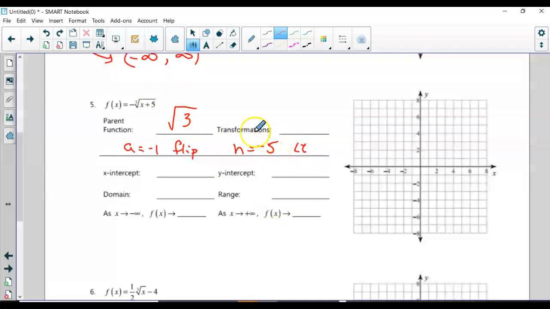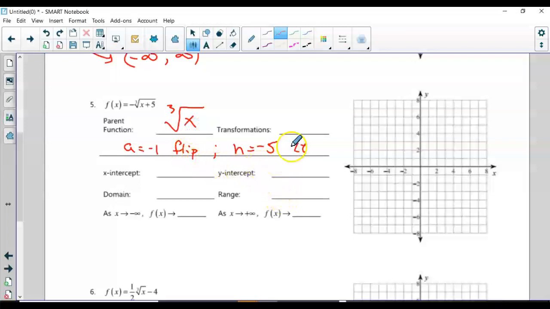Left 5, because H goes opposite. Ooh, I wrote this. That's funny. Okay, so let me fix that right here. We're a cube function, not the square root of 3. Cube function. I got a little ahead of myself there. There we go. Okay.